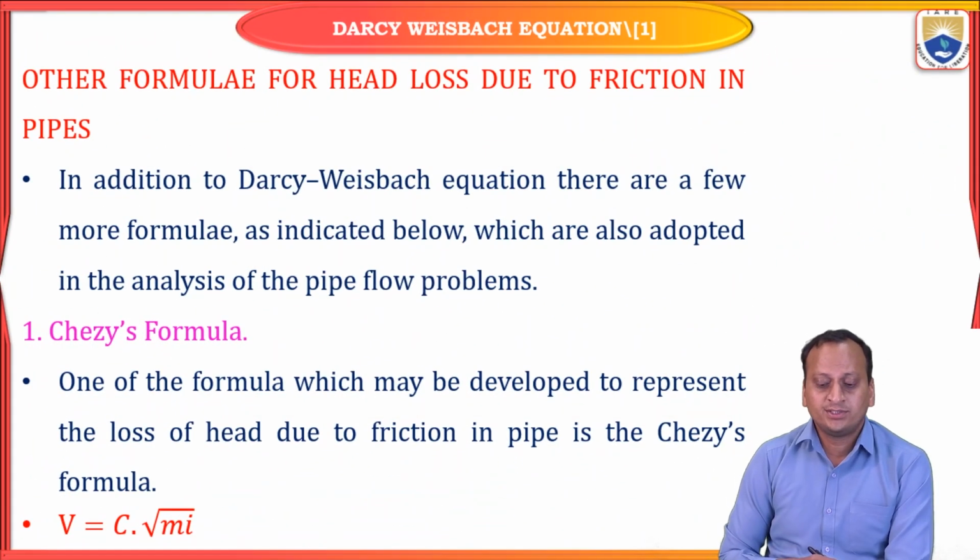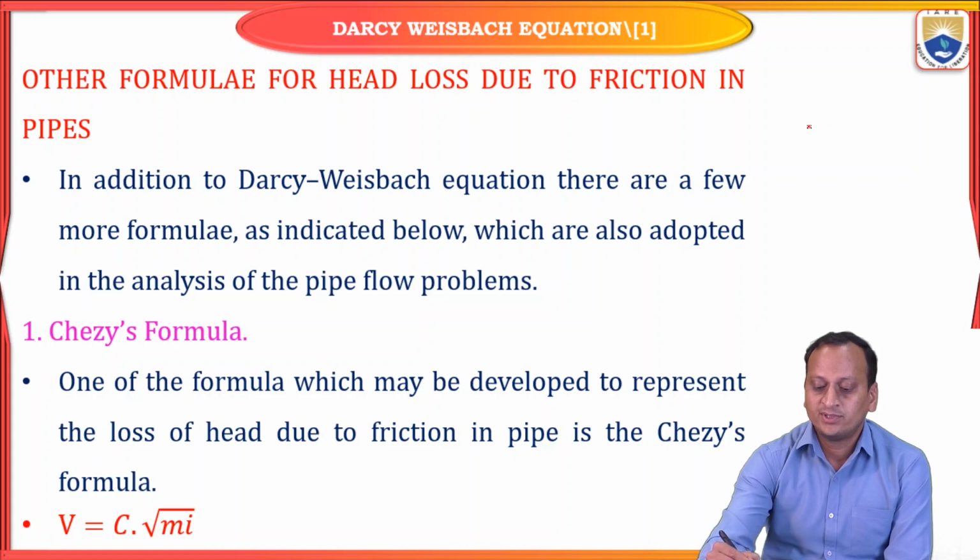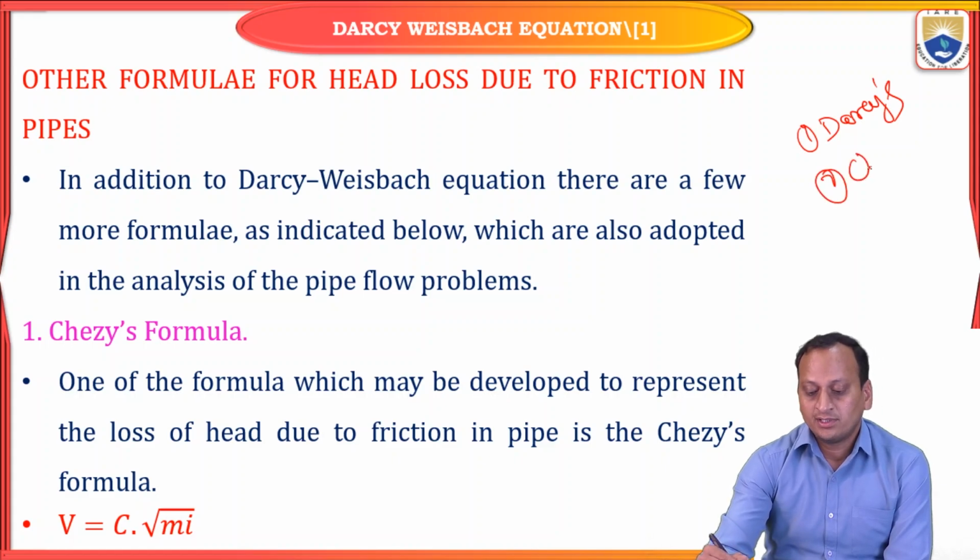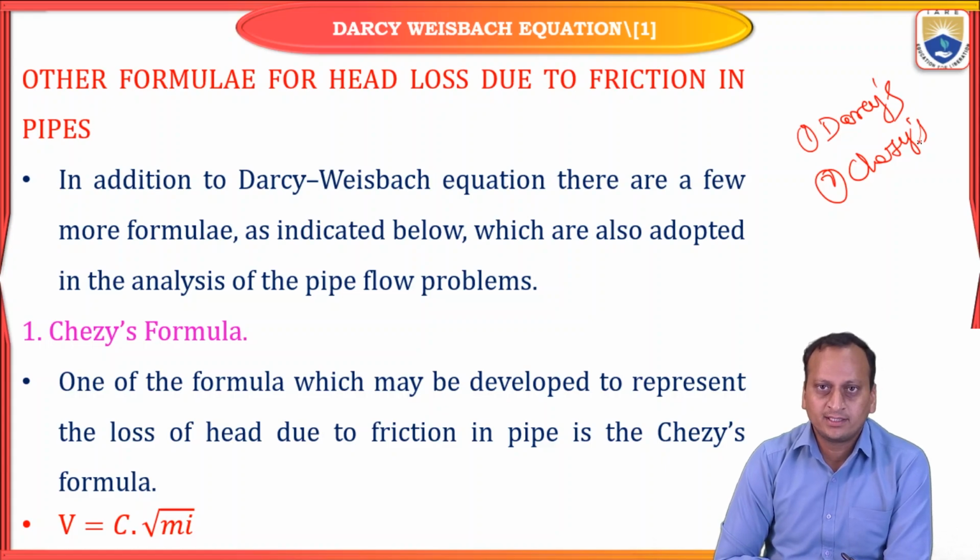Now, the Darcy-Weisbach equation is one of the major energy loss laws. One is Darcy, another one is Chezy's. We can use Chezy's equation to calculate the major energy loss.